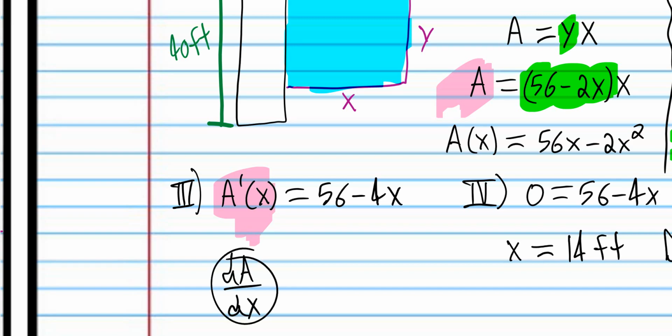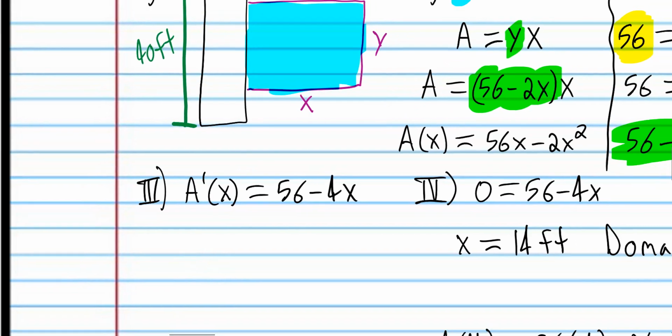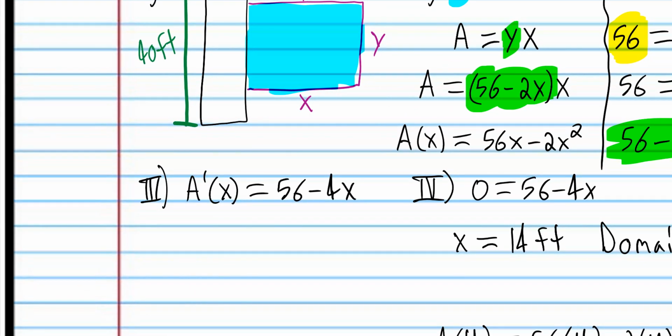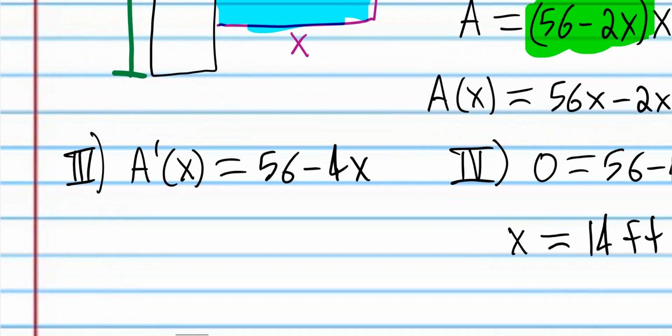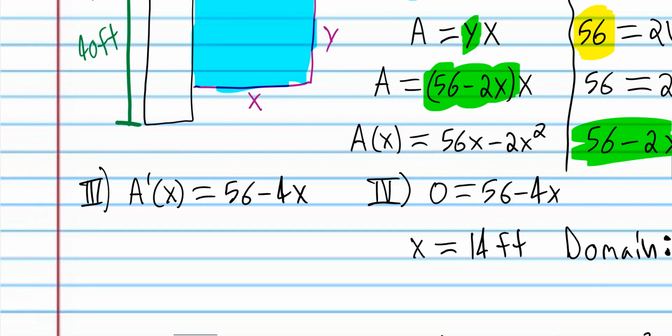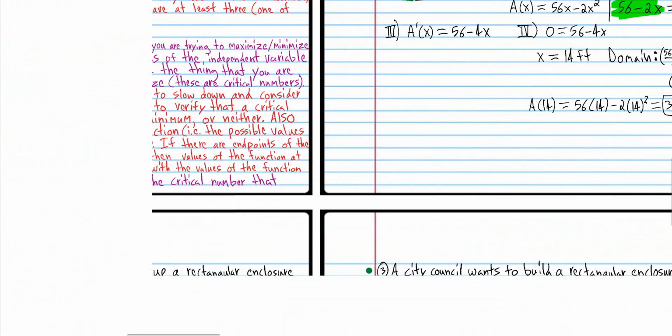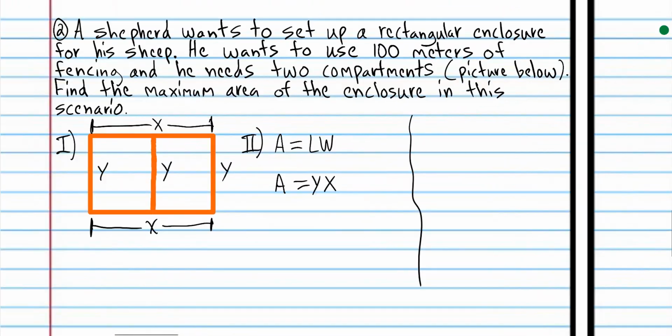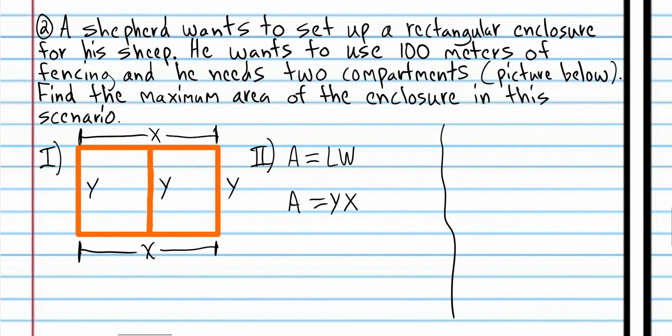So you could use Leibniz notation, but typically it's not used for these types of problems. So I want you to be familiar with the way it's usually written. But when you find the derivative of the other side of the equation, you're not going to write, again, dx over dt. x is not dependent on time. x is dependent on nothing. It's an independent variable. You really need to understand that that's how these problems are different. If you don't understand that, you're going to have some big problems.